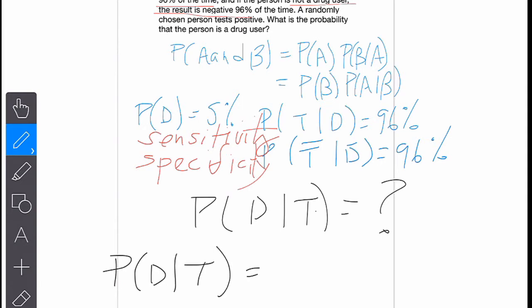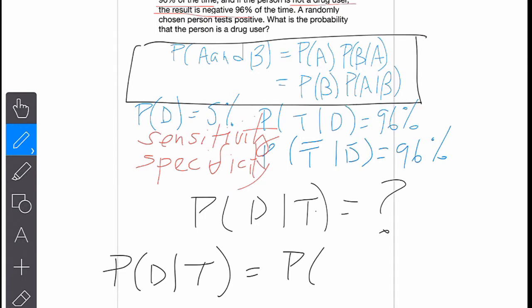You should be able to calculate this because of this property up here. It's true that I can calculate the probability of disease and test and divide it by the probability of the test.